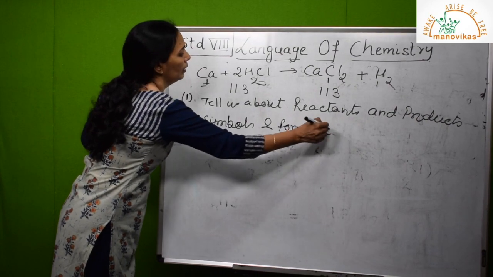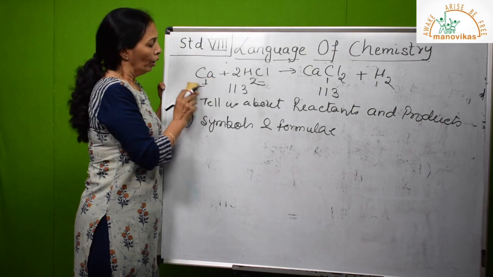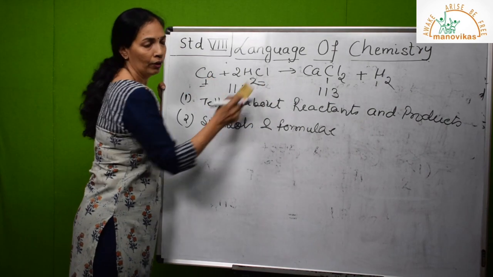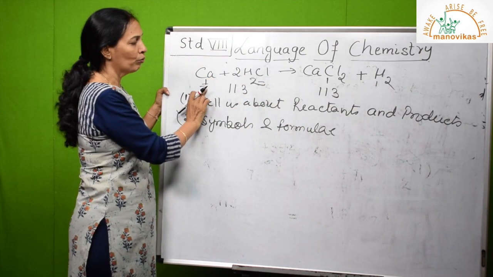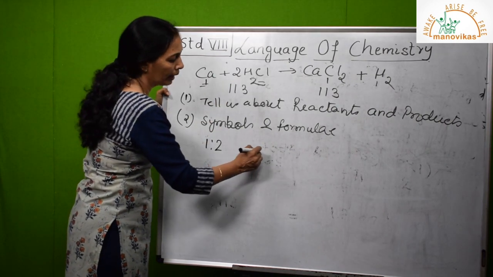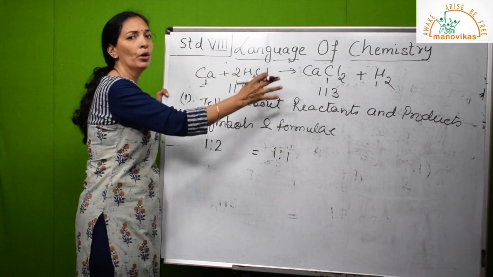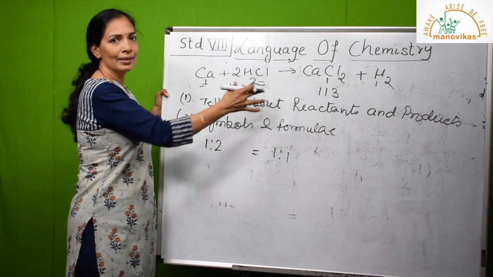The third thing you get from this is the ratio. You see this is 1 and this is 2, so the left hand side ratio is 1:2 and the right hand side is 1:1. So it tells the ratio in which the reactants and products exist in this chemical reaction.